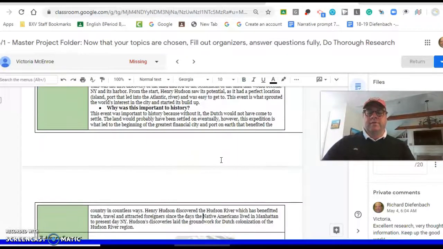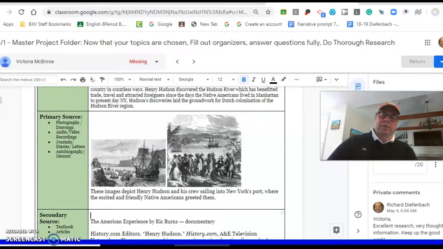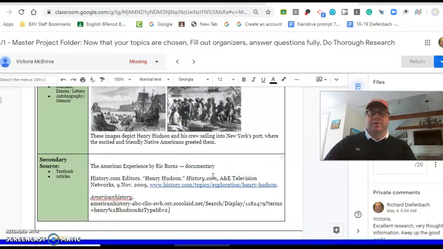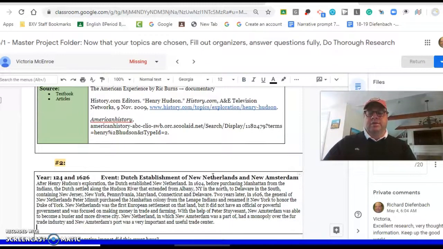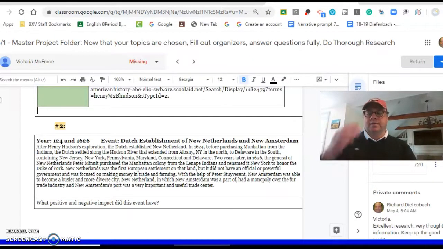Then we have different information that's also located here. We have primary sources that include pictures of what it looked like back then, paintings that were done, images from the Hudson. We also have secondary sources that she's listed here, so it's clear where she got her information from. Secondly, she has the Dutch establishment of the New Netherlands and New Amsterdam, and that was in 1624 to 1626.